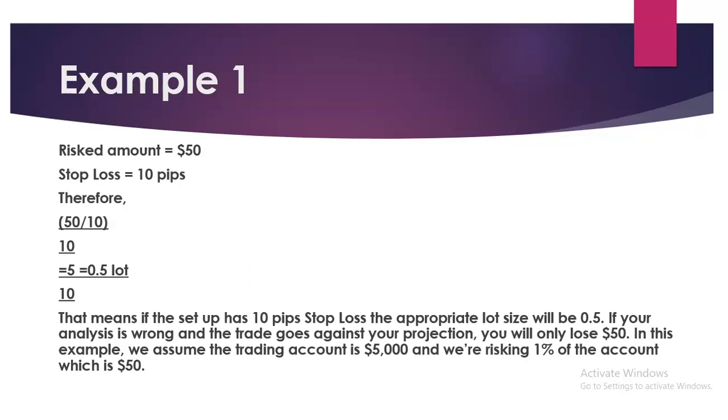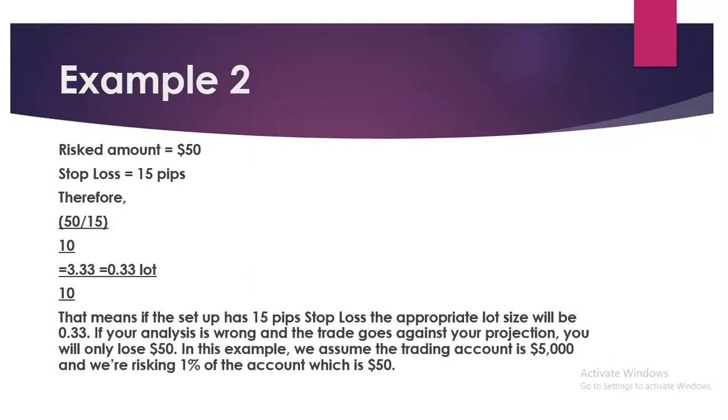That means if the setup has a 10 pip stop loss, the appropriate lot size will be 0.5. If your analysis is wrong and the trade goes against your projection, you will only lose $50. In this example, we assume the trading account is $5,000 and we are risking 1% of the account, which is $50. Okay, all right. So let's quickly move on.